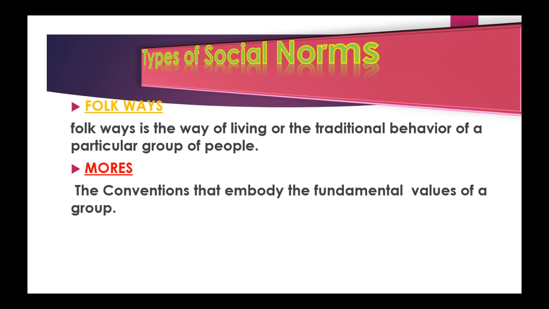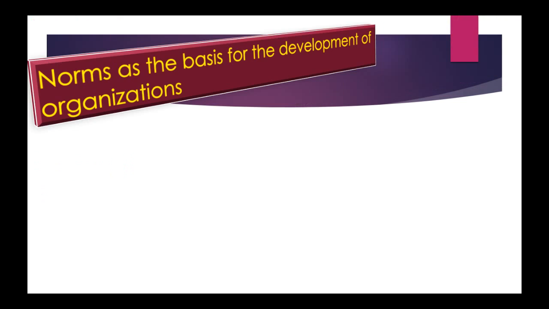Okay, so moving on. Next, we're going to be looking at norms as the basis of development of organizations, right? Okay, hope I got that right. Norms as the basis for the development of organizations, right?